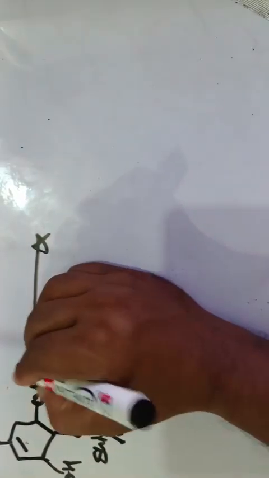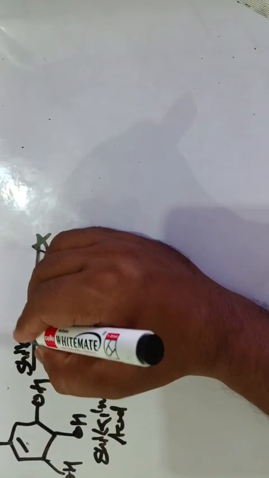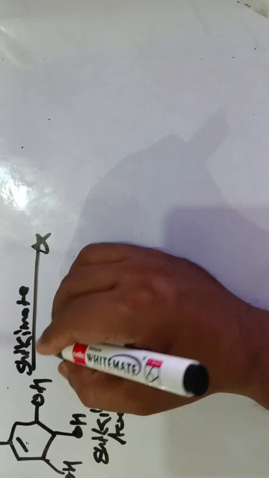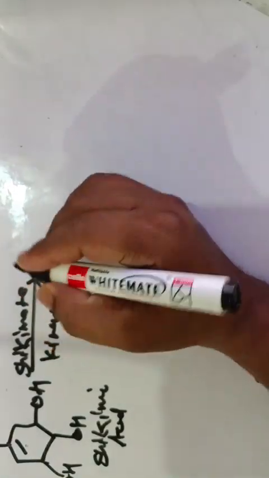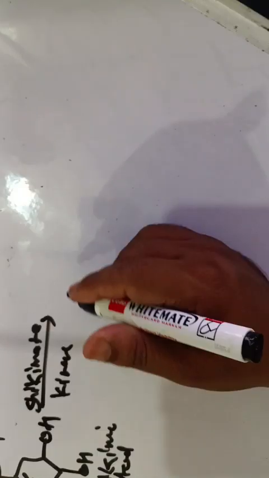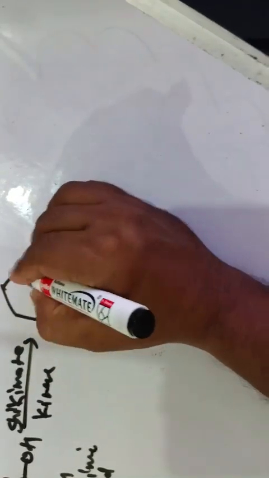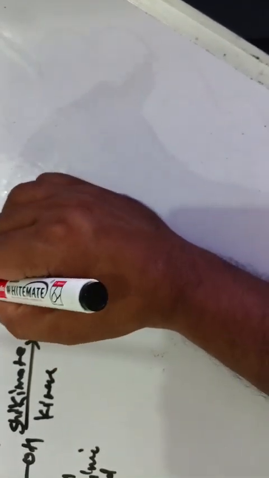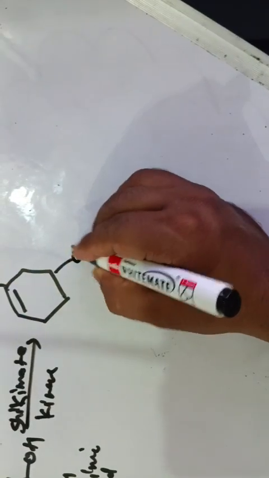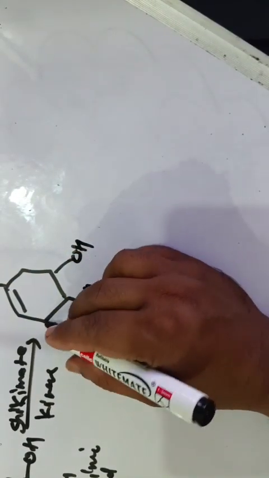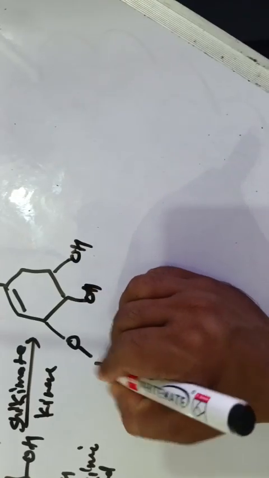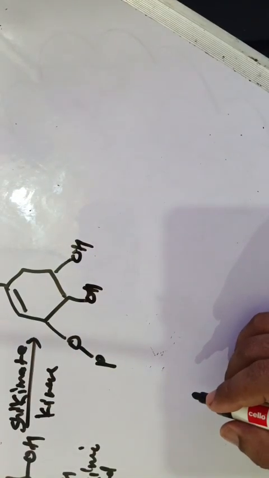By using an enzyme shikimate kinase, another compound is formed, and its structure is COOH, OH, OH, O and P. What is happening in this structure?